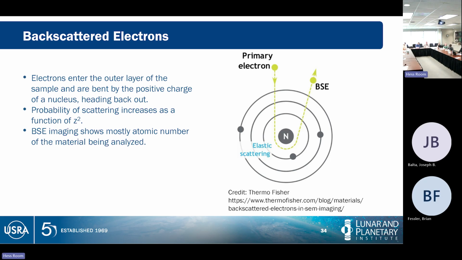Electrons come in, feel the nucleus, and swing around being fired back out. The heavier and the more charged the nucleus, the more it swings around and comes back out.